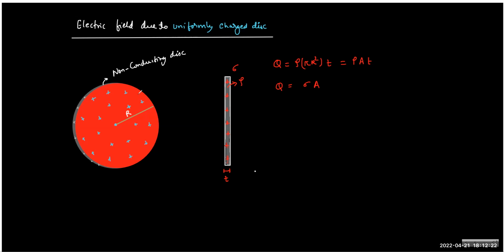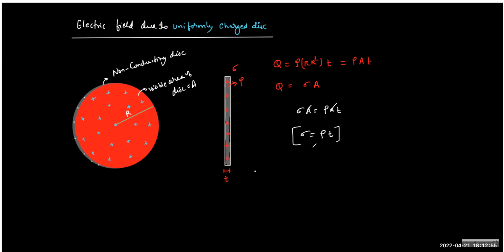So A is the visible area of the disk. So these are two different representations. So the reality is sigma is the equivalent representation because they represent the same thing. So sigma is basically density into thickness. So that is how we equivalently express.